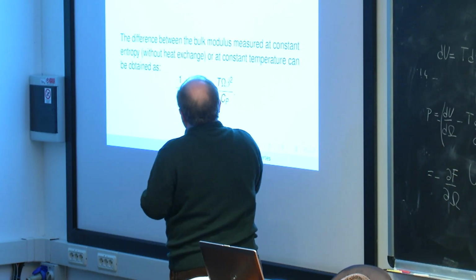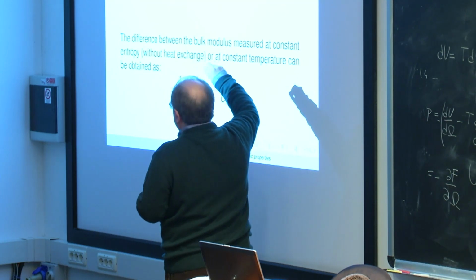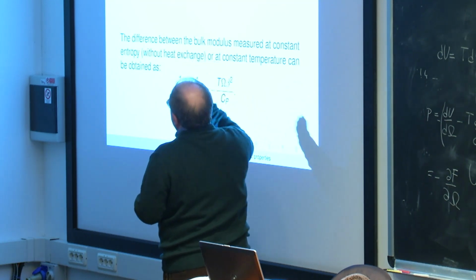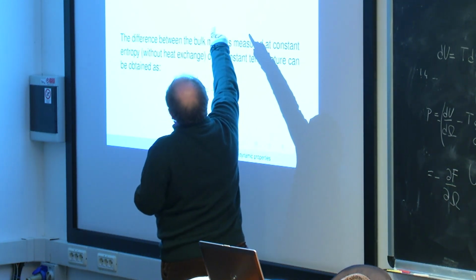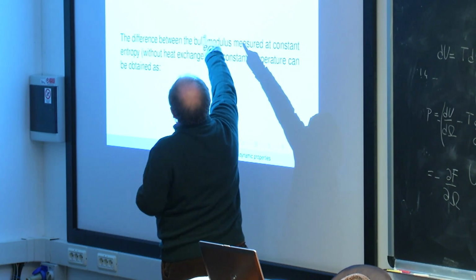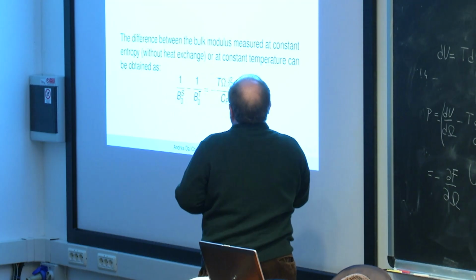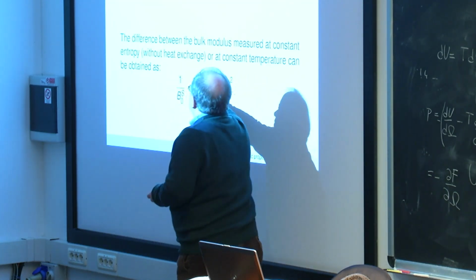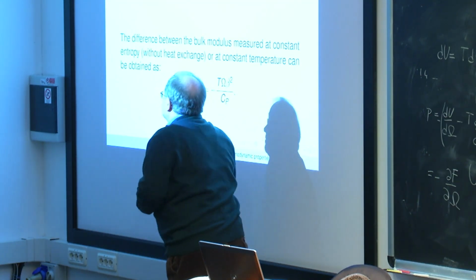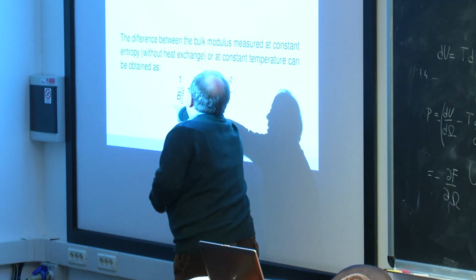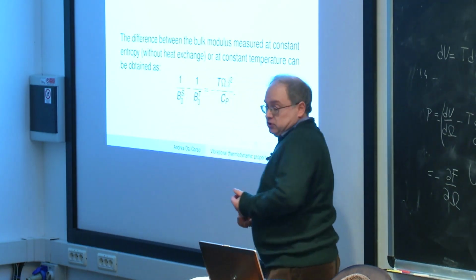So we calculated the heat capacity at fixed volume, but it is easier to measure the heat capacity at fixed pressure. And there is an expression like this that links the two, that contains the bulk modulus, the volume, and the thermal expansion squared. And also sometimes the bulk modulus is measured without heat exchange, and this means at constant entropy. And there is a relationship between the bulk modulus at constant entropy and at constant temperature.